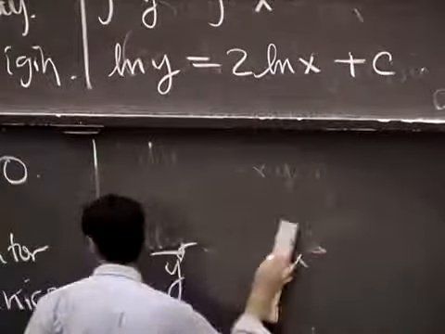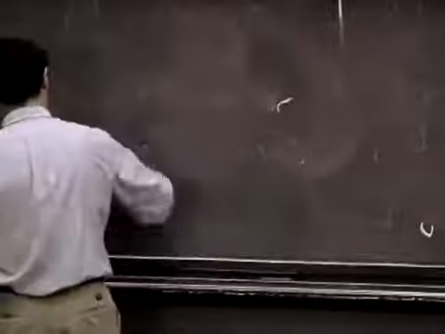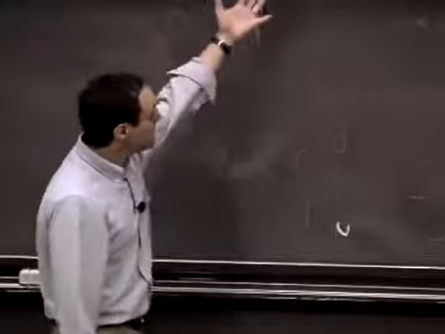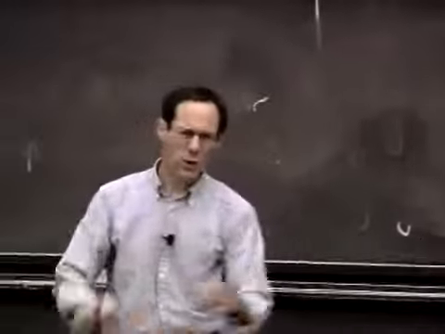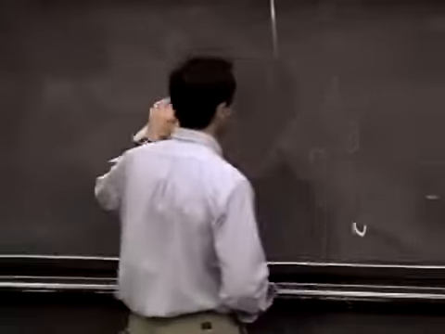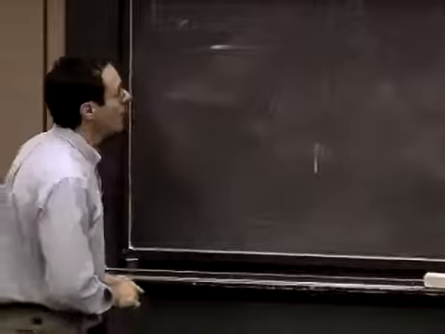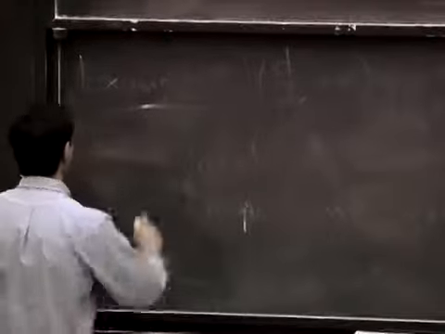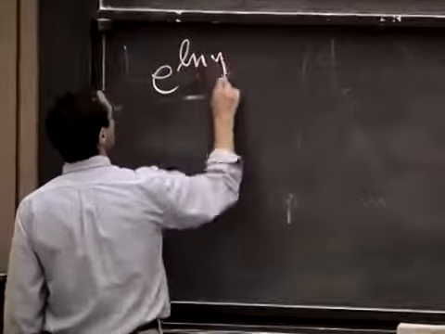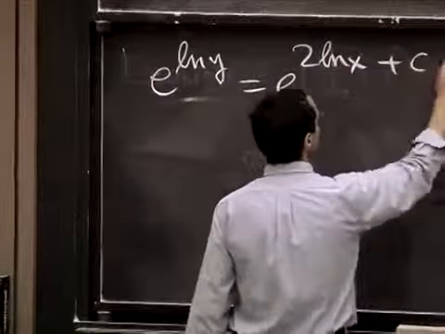So let's see what happens to this example. This is an implicit equation, and of course we have the problems of the plus and minus signs, which I'm not going to worry about until later. So let's exponentiate and see what happens. We get e to the log y is equal to e to the 2 log x plus c.